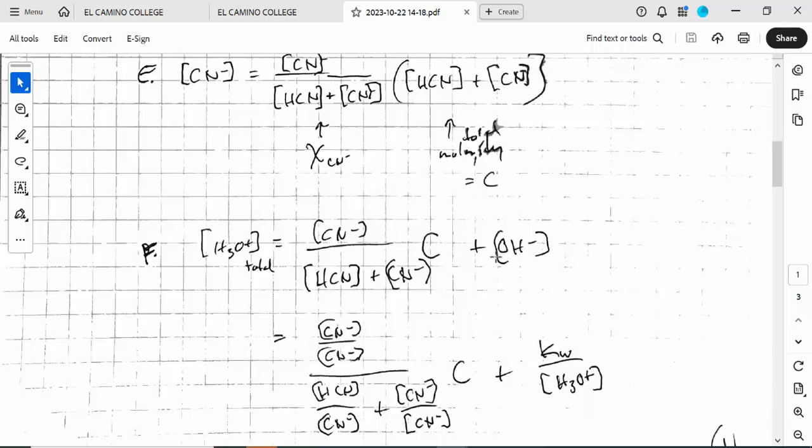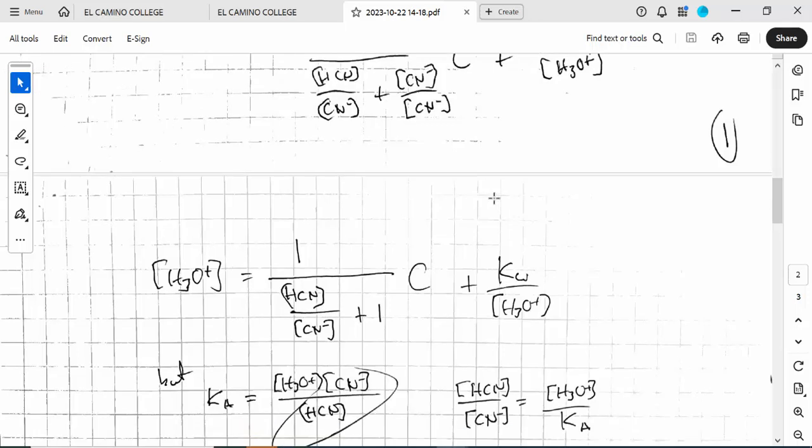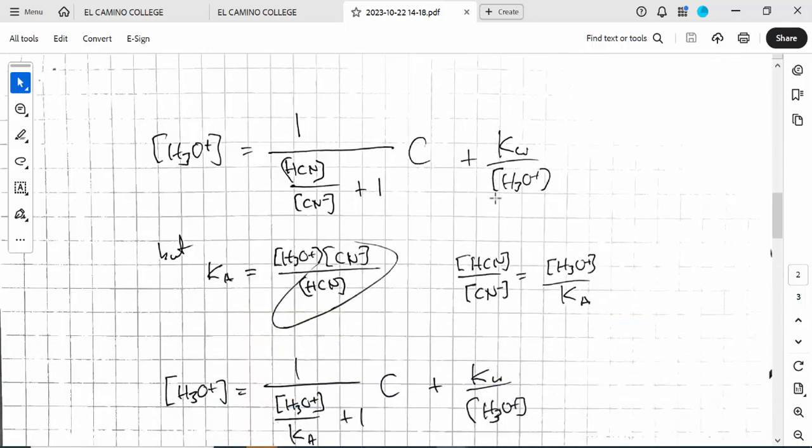We did the hydronium, which is going to be substituting, this is going to be the cyanide concentration at equilibrium, which is equal to the hydronium concentration. This is equal to the hydronium concentration from the HCN, plus the hydroxide concentration, which is going to be the hydronium concentration from the water. Okay, so I'm skipping some steps here. Now once we do that, then we can simplify this here and generate this equation here.